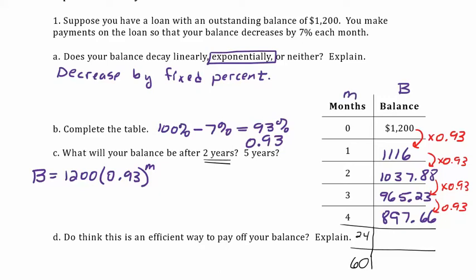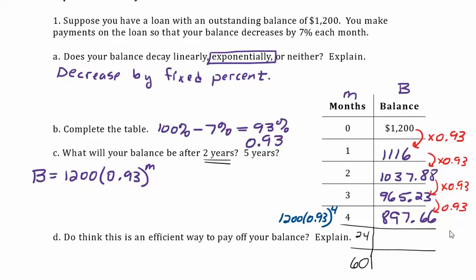So one way you could think of getting the balance after 4 months is you could think, well, I started at $1,200 and then I multiplied by 0.93, 0.93, 0.93, 0.93. So I did it 4 times. And if you punch this into your calculator, you're going to get $897.66, which is the same thing you should get if you just took 1,200 times 0.93 times 0.93 times 0.93 times 0.93.